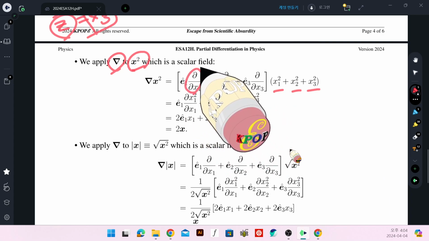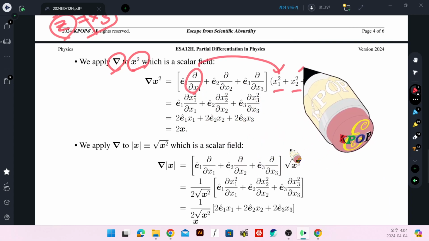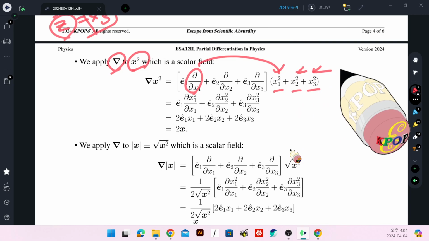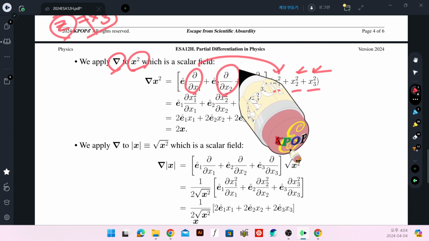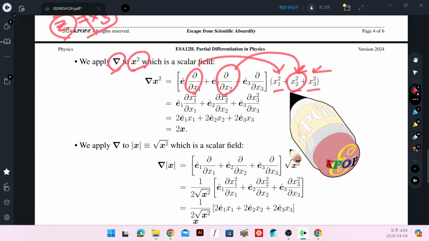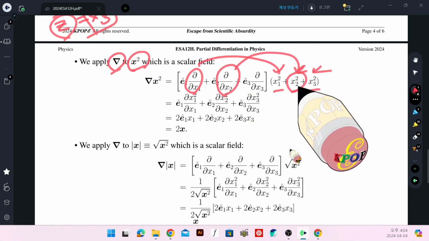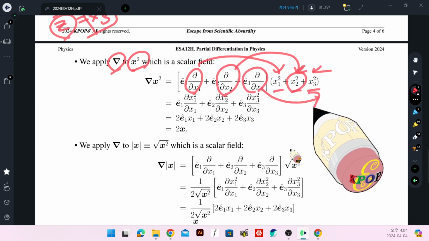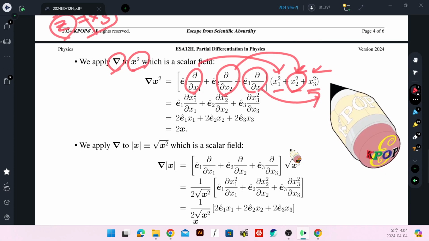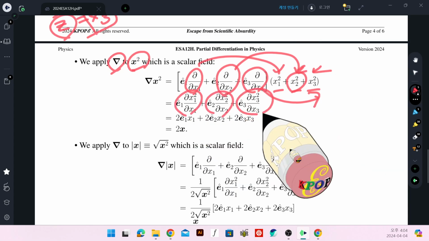The x derivative applies to this one only, and these two vanish. The y derivative has only a single non-vanishing contribution out of x2 squared. Same for the z component. As a result, the final result is just the sum of these.